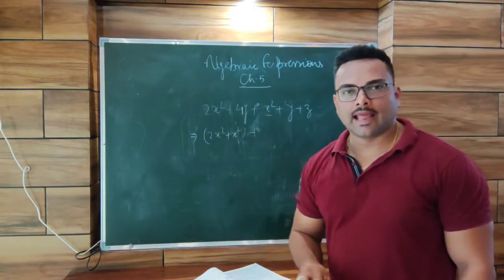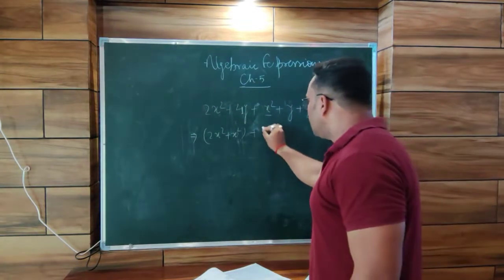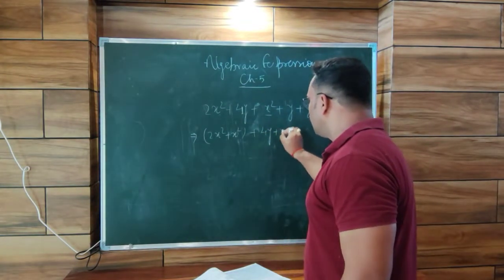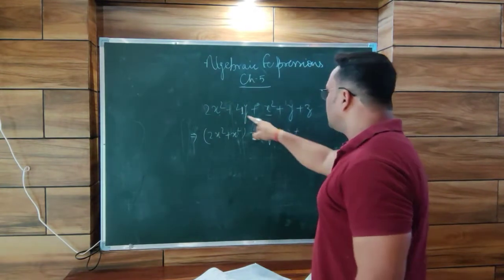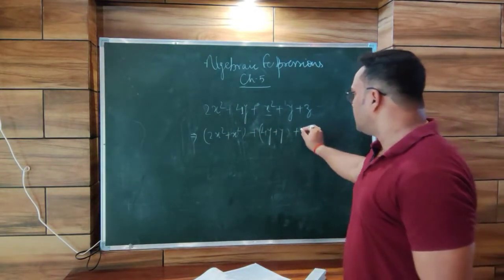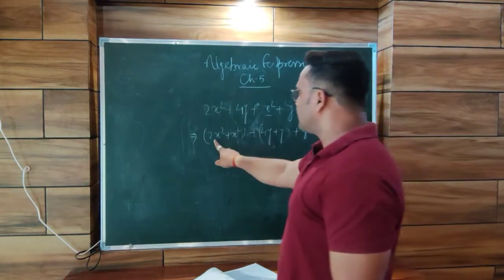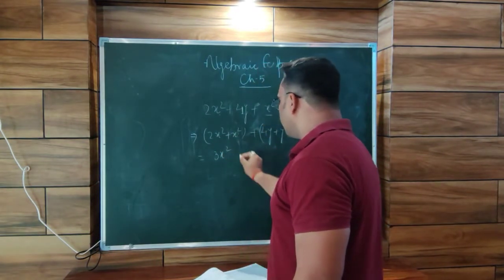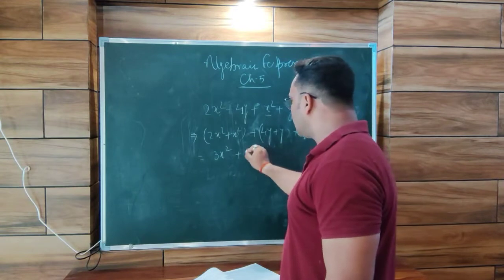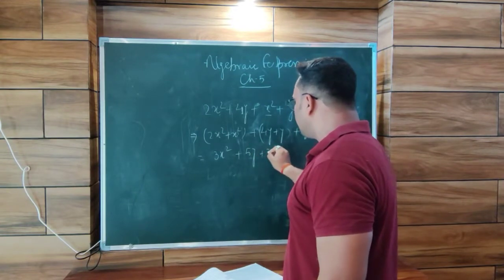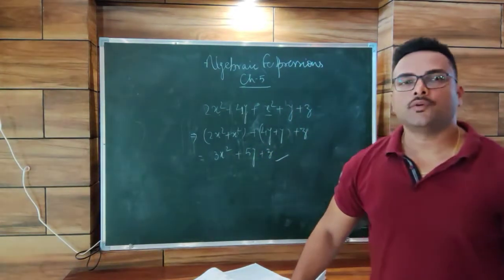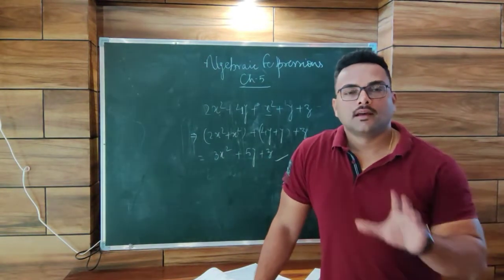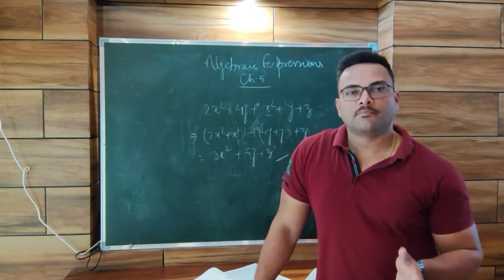Same terms, they are called like terms. 4y plus y, plus there is no other z, only this one z. 2x square plus x square is equal to 3x square. 4y plus y is equal to 5y plus z.